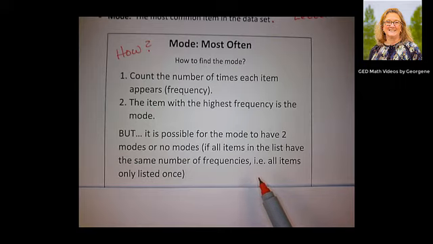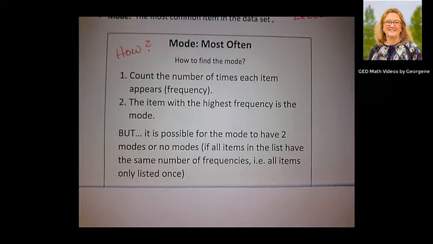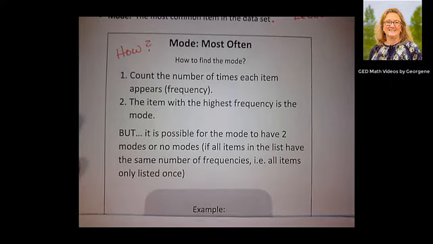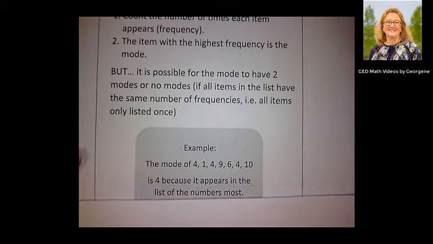Or if I'm talking to family members and they all have different foods that they like to eat, there is no frequency. And so then the mode would be no mode.